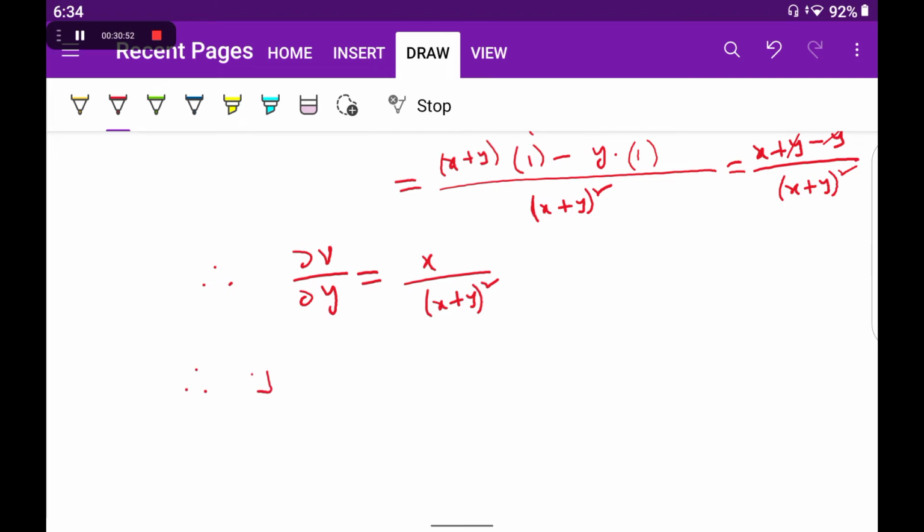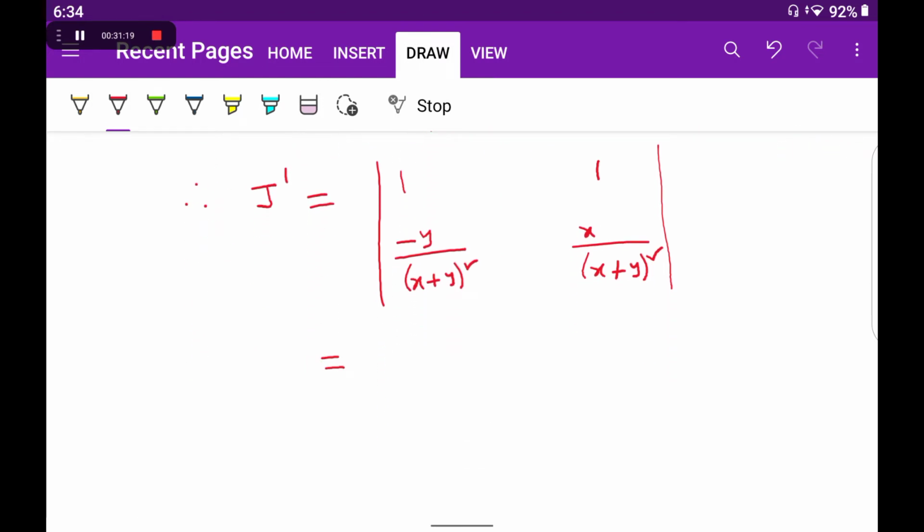Therefore, J dash is 1, 1, minus y by x plus y whole square, x by x plus y whole square.